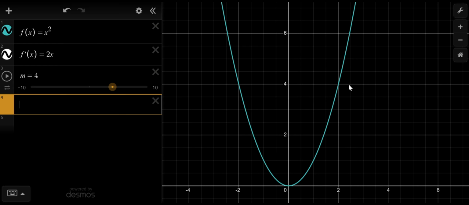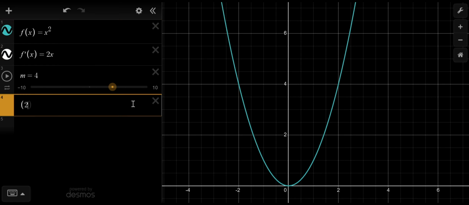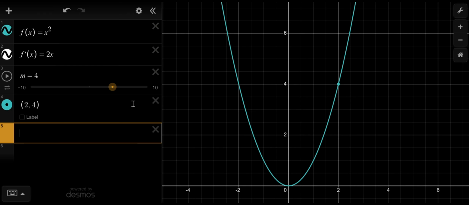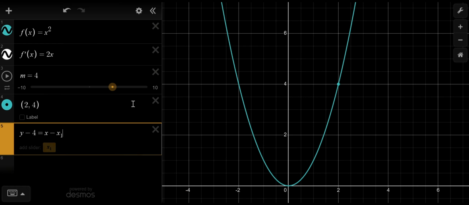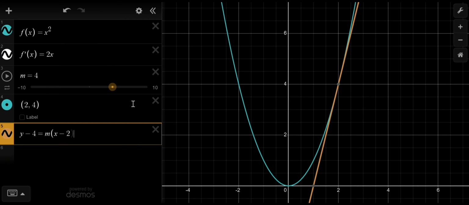Remember, we know the point that we're supposed to put the line on. It's (2, 4). So we just do y minus y1, which is 4, equals the slope times x minus x1. Well, x1 is just 2. Oh, but of course, we have to multiply the slope by the whole thing.